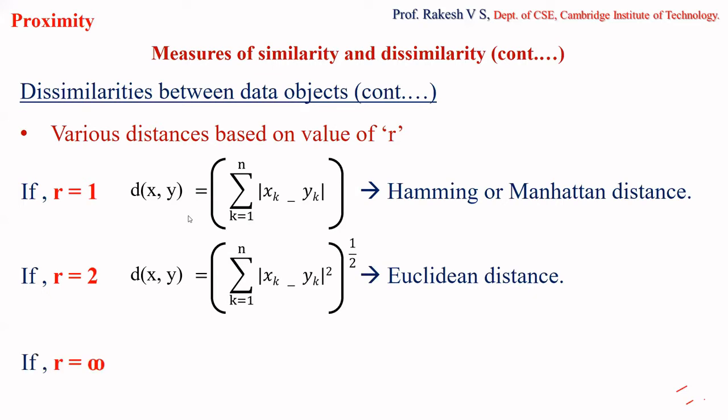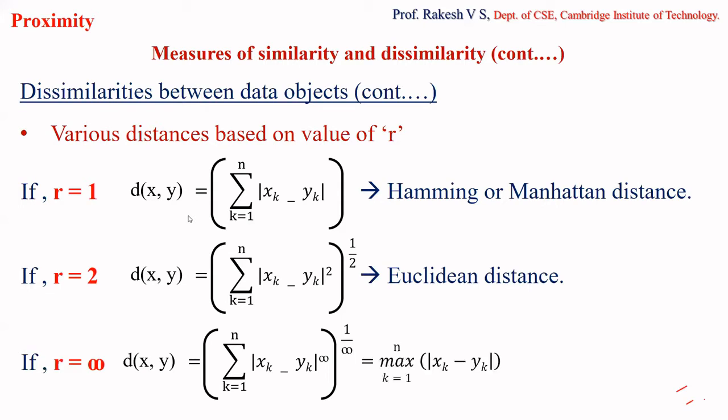And when r is equal to infinity, the formula that we have is this. To find this infinity measure, we take the alternative form of this formula, that is the max over k equal to 1 to n of the absolute difference between the two attributes, in which case this is called supremum distance.